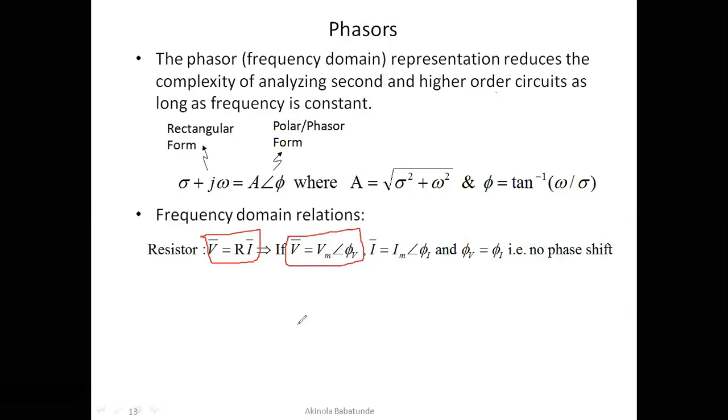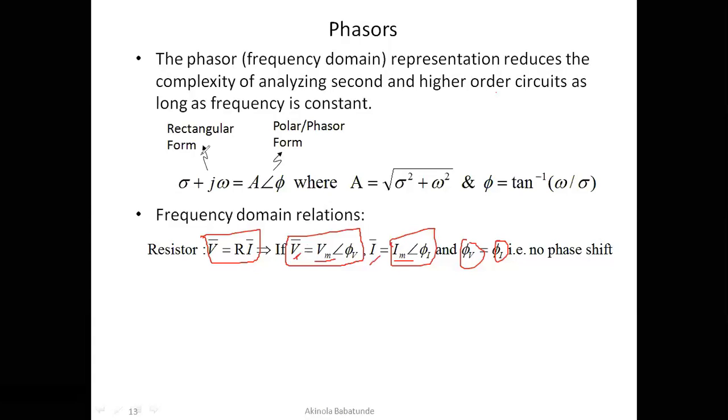Our I will be Im with phase I. This is also very important because in many cases we have to work with these representations. Phase V and phase I will be the same because there won't be any phase shift. Only Vm and Im will change, in this case for current and voltage.